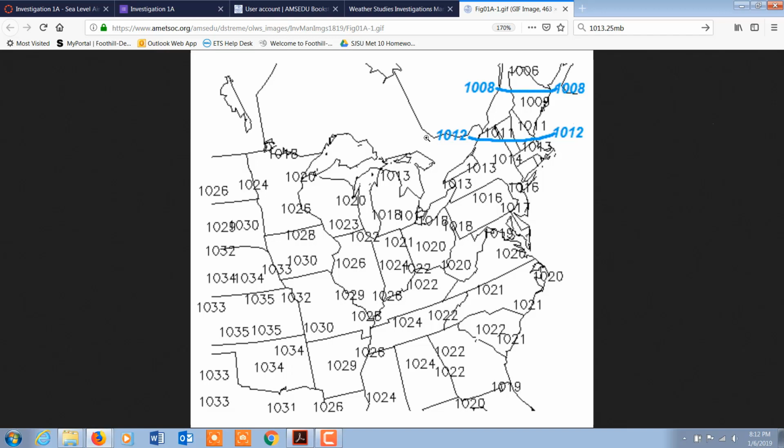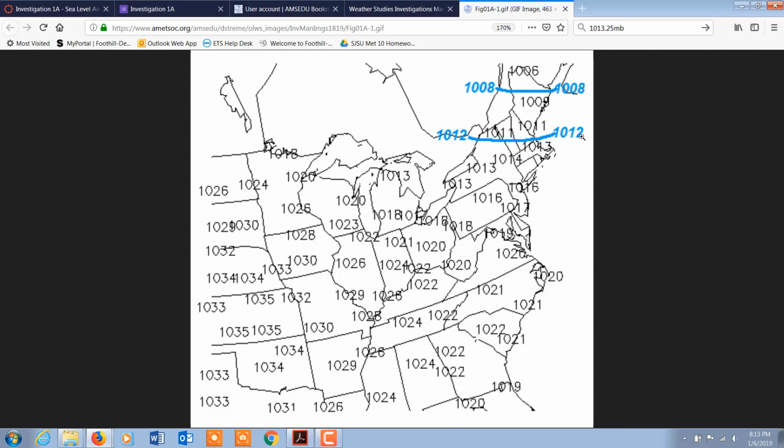The next thing you need to know about these isobars is that these isobars have a difference between them. Right now, there's an isobar for 1,008 millibars, and then a second isobar for 1,012 millibars. The difference between these two is what we call the interval.